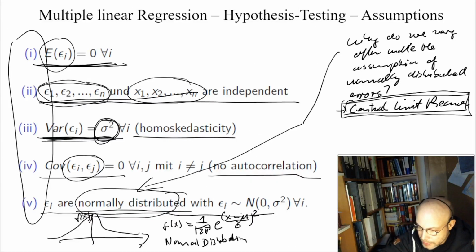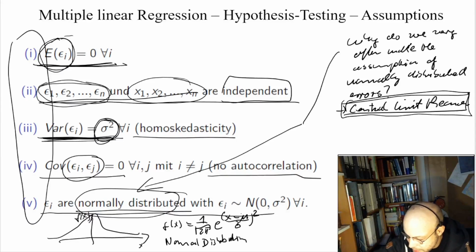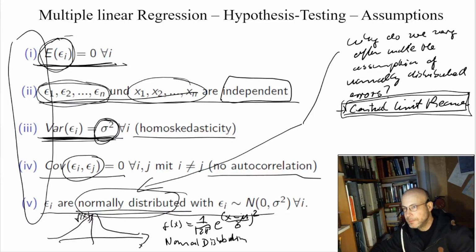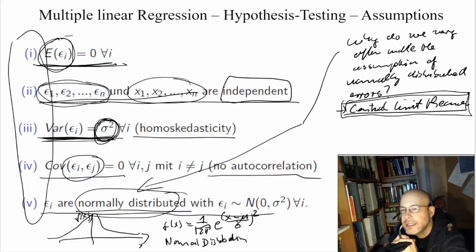So we assume that these error terms are distributed around 0, that they are all independent. This is really very, very important, that the variances of every single error term is the same. This means homoscedasticity.